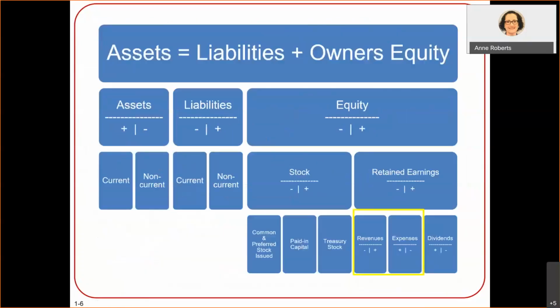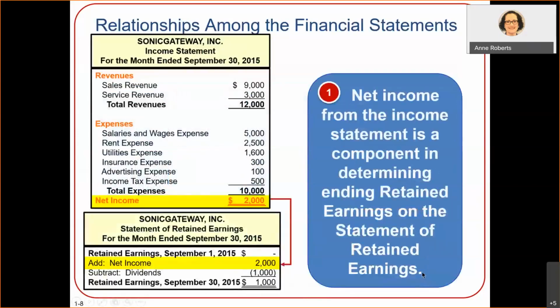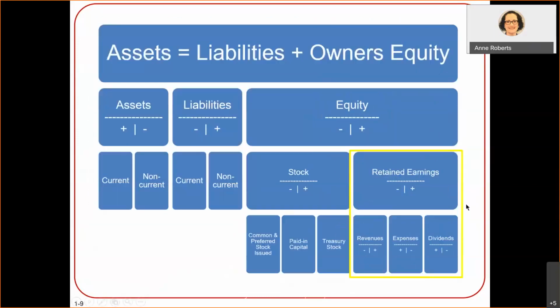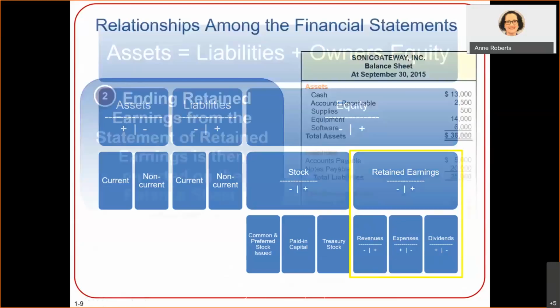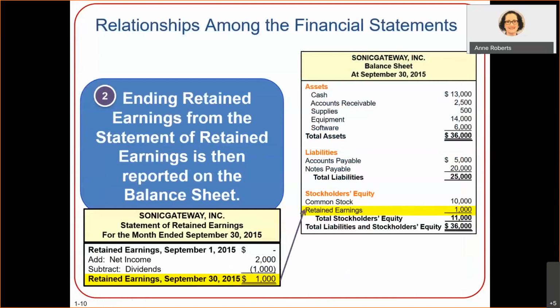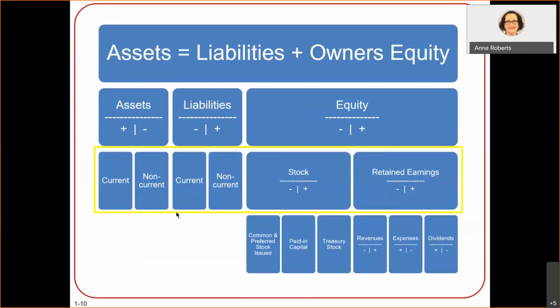All right. So again, here's the view, right? This yellow box starts with the income statement. Then we're dealing with the retained earnings statement. All those items there. Then we roll up into the balance sheet. So now we are up here, letting everybody know current, non-current, current, non-current.